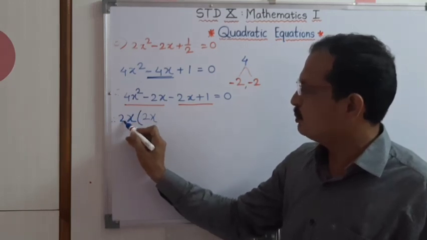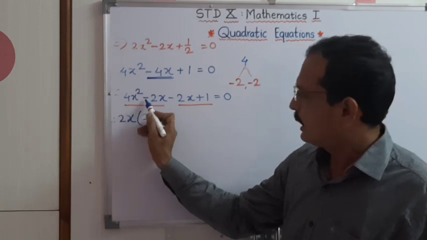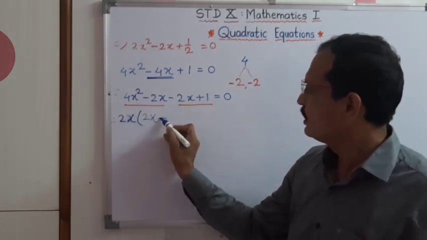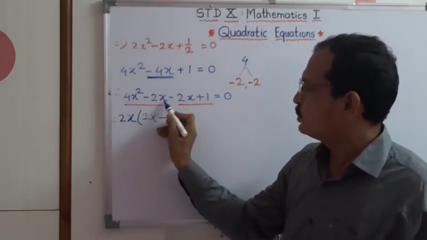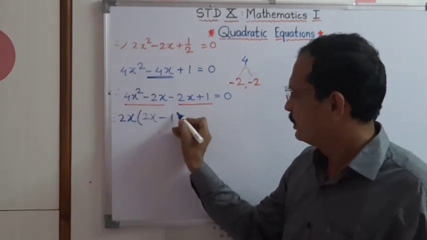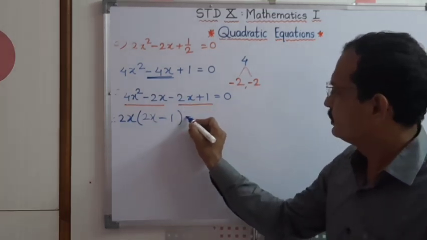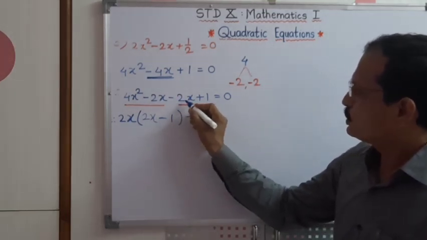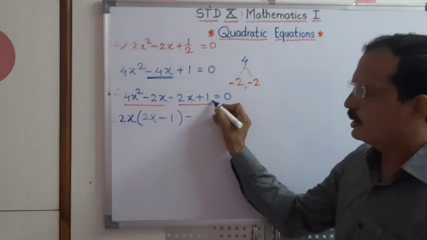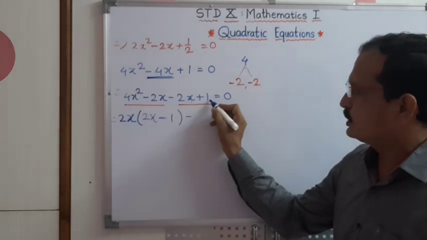Now see, if we multiply this, we get 4x square minus 2x. This 2x we take out common, therefore it is 1. Now see the minus sign. Then here the variable x is not common. Here it is 2, here it is 1.